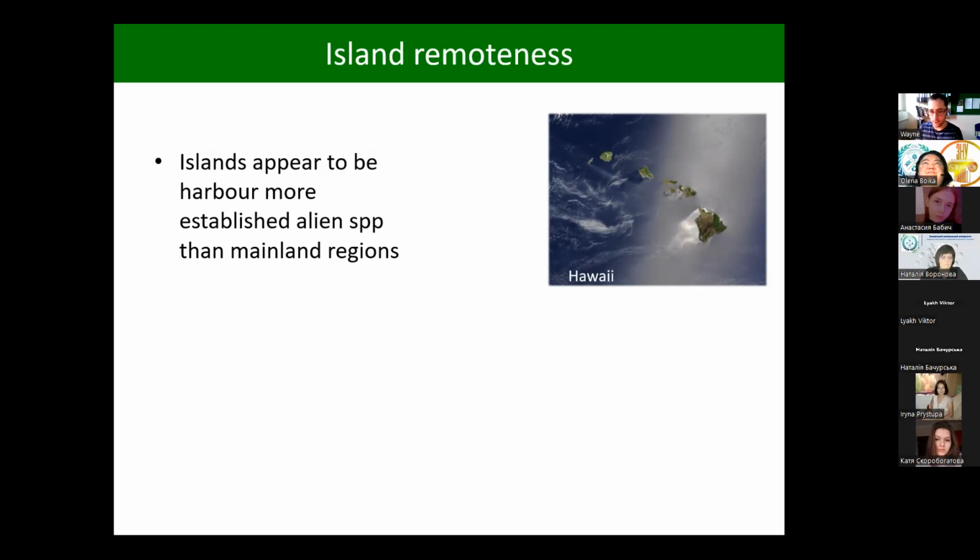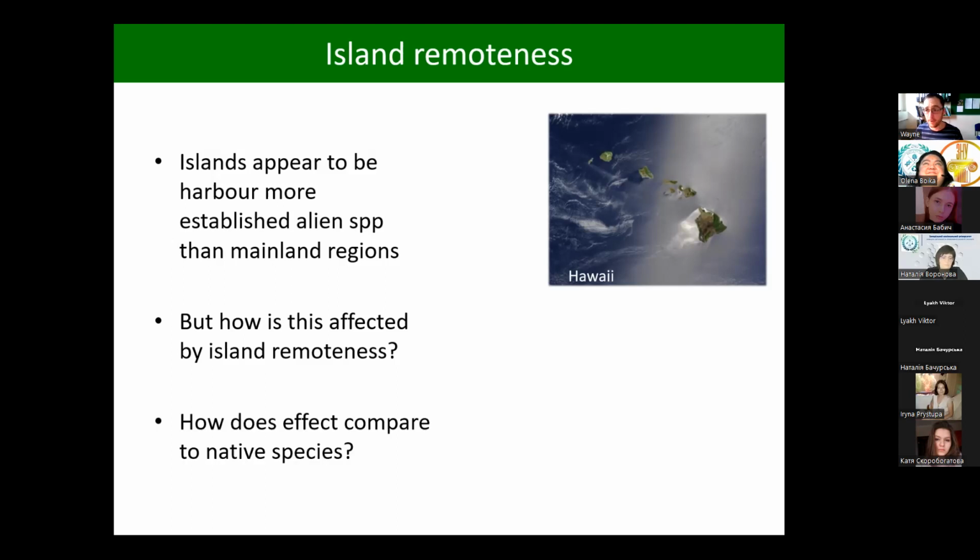So Hawaii, shown there in the figure, is perhaps the most remote archipelago that one could think of in the world. It has a lot of invasive species. So how is the number of established and invasive species on islands affected by the remoteness? And how does it compare to the number of native species that we find?